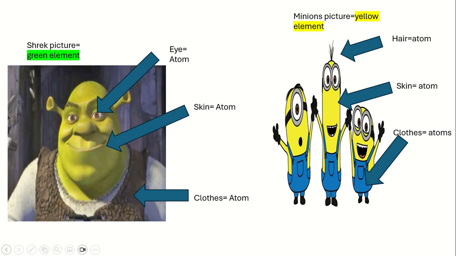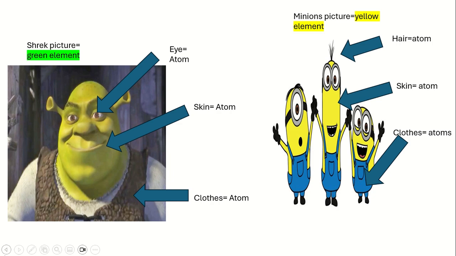But let's look at this minion again. All the skin and the hair and the clothes, or all the atoms, as we already know what they are, they belong to who? They belong to the minions. And what do we call the minions? They are yellow, so we call them a yellow element.